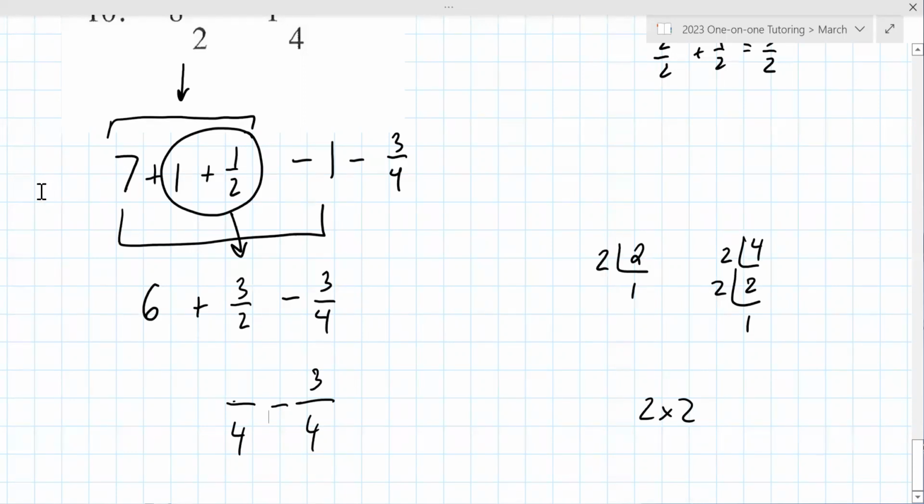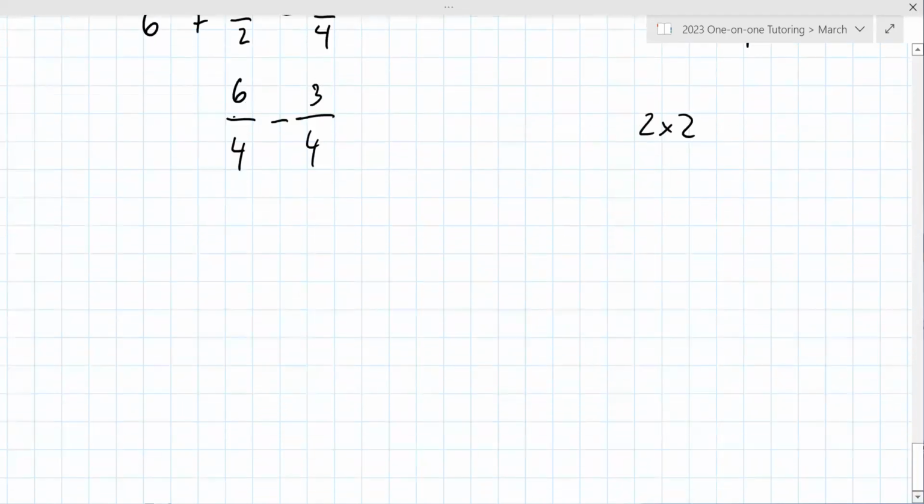Okay, so that's 6. That's 3 over 4. 6 over 4. Well, I know, but subtract it. Oh yeah, it'll be 3 over 4. Yes, awesome. Yeah, it's good. So 6 and 3 over 4.